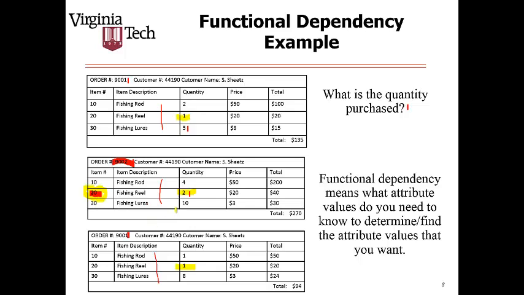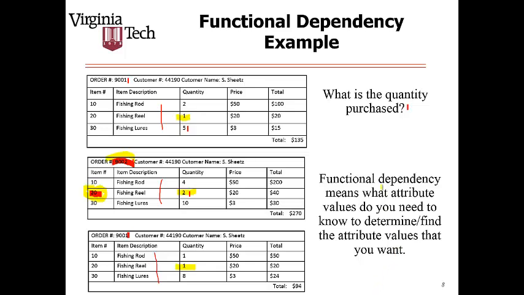Because I just told you what item number I wanted, but you couldn't tell me what quantity was the correct one. But now if I tell you the order number I want is 9002, now you have enough information. You know both the order number and the item number, so you can tell me that the proper quantity is 2. And so this is what functional dependency means.